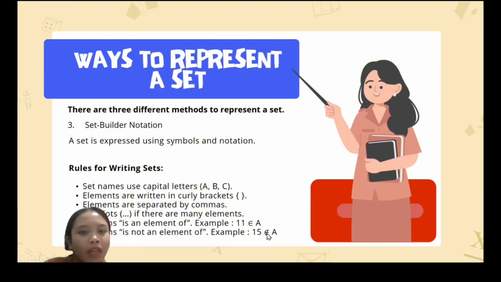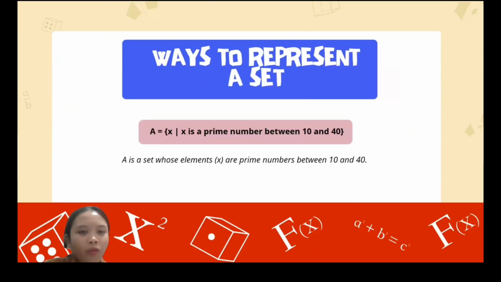Example, 15 is not an element of A. Alright, let's continue. In set builder notation, we use a symbol to describe the condition for membership in a set. Example, set A is the set of all x such that x is a prime number between 10 and 14. So this symbol is read as "such that" or "with the condition that."